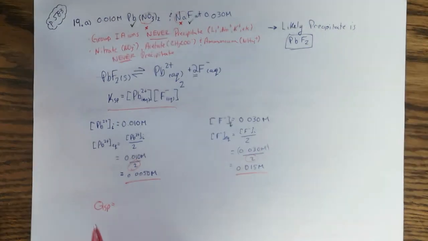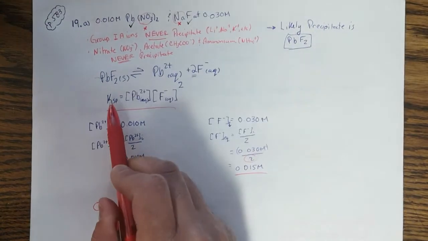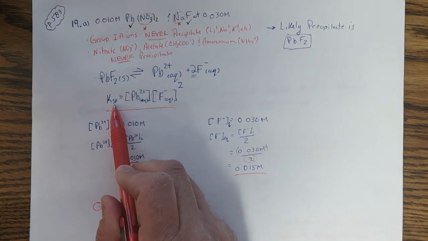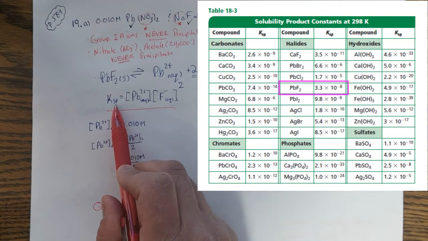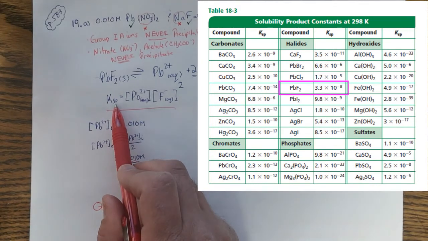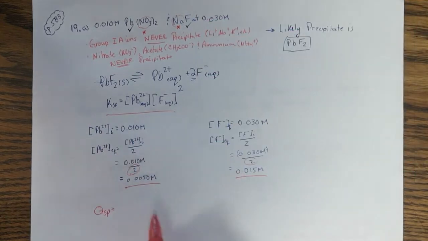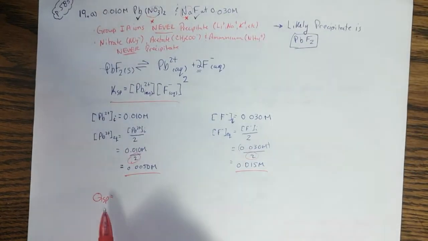And we can solve for this theoretical value and then compare to KSP. If we think of KSP as like a solubility limit, so the KSP number for lead-2 fluoride represents how much lead and fluoride can be in solution before a precipitate occurs. When we plug in these values, we'll find out the current state of the system.